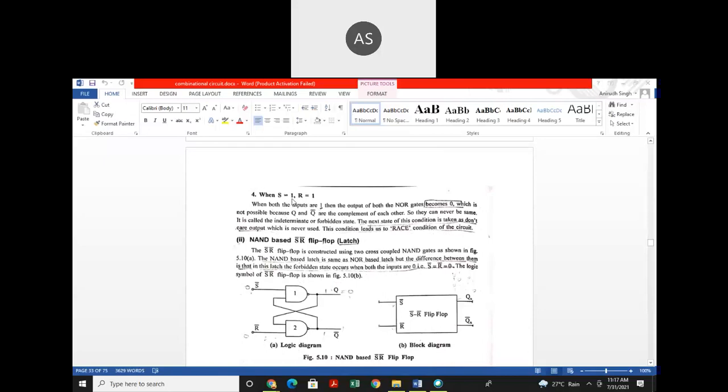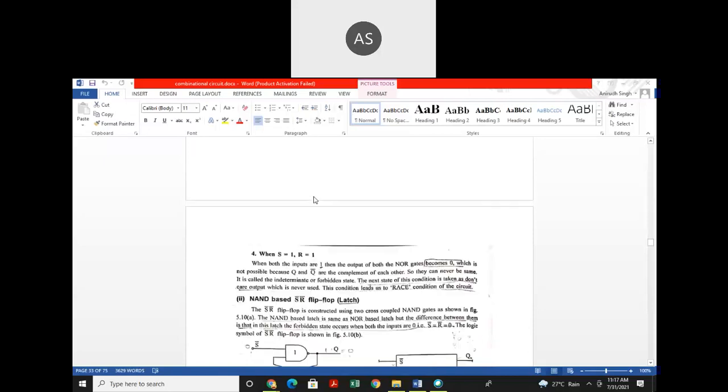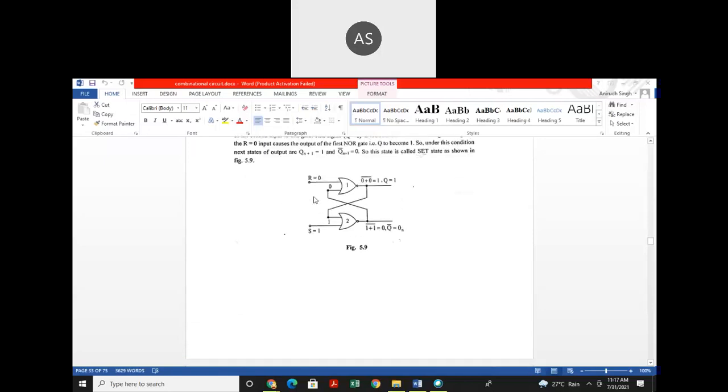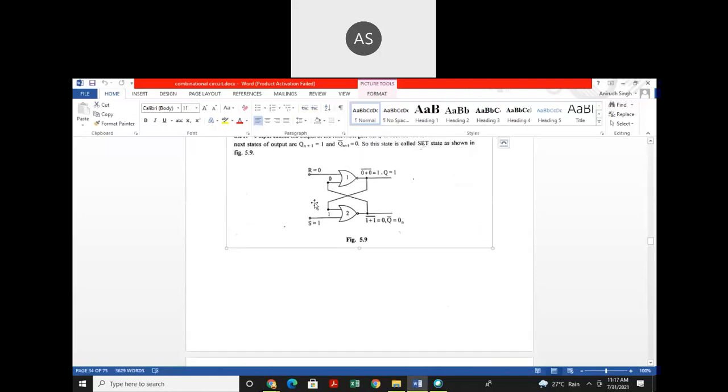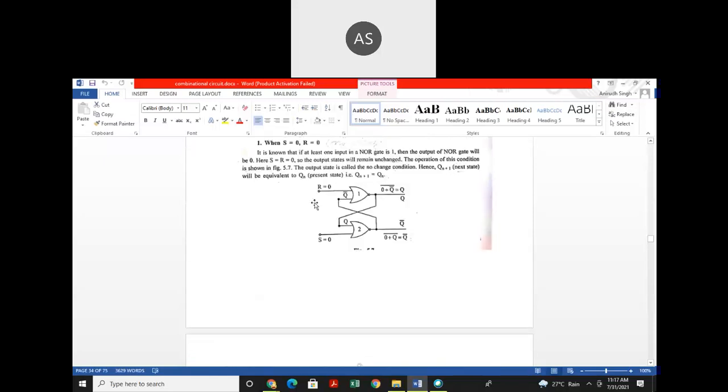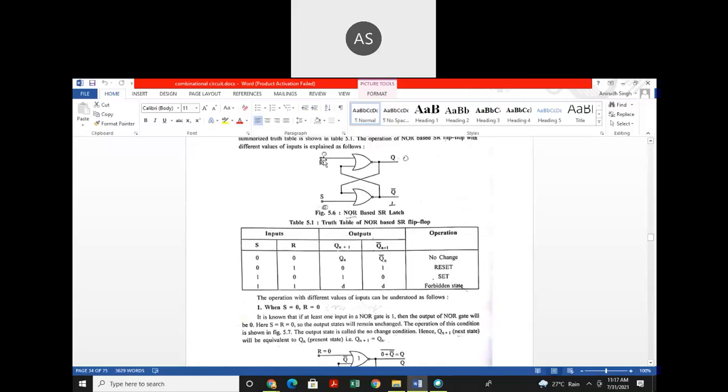When S and R both are 1, it means that for this NOR gate one input is 1, and for this NOR gate one input is 1. This may be 0 if previous state may be 0 or 1.